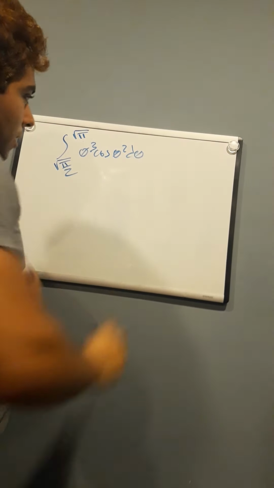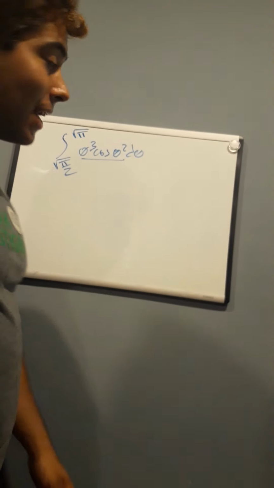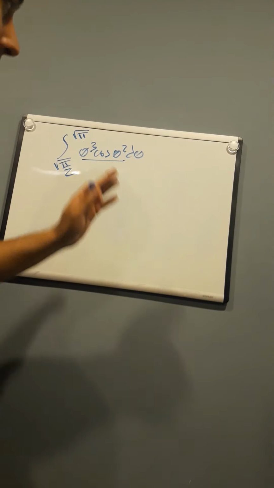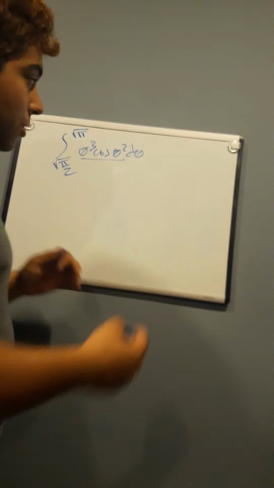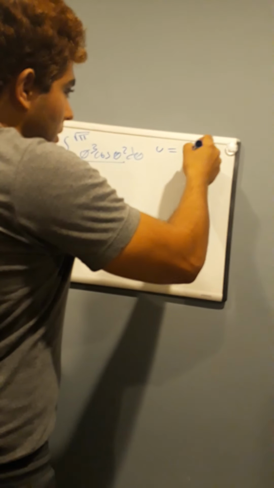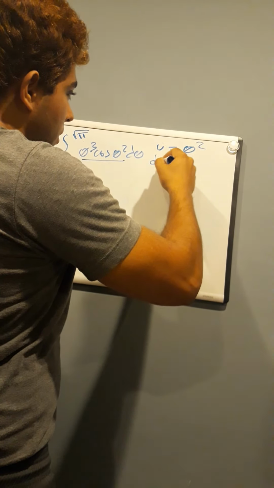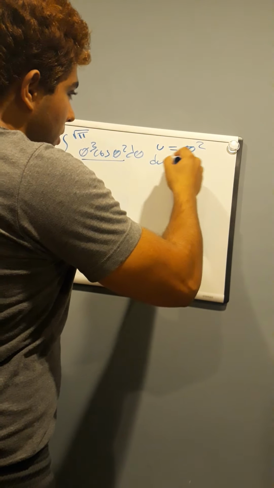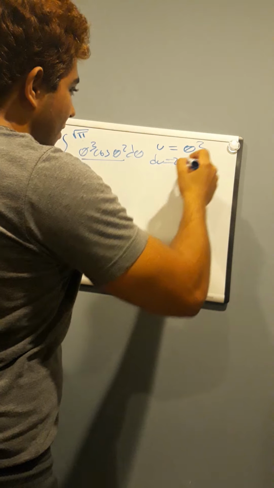I believe in it. So theta cubed cosine theta squared. Same idea. ILATE makes things super easy, but I don't want to have to worry about doing integration by parts a bunch of times. I see a potential to make this easy. What I do is u-substitution: u equals theta squared, du is equal to 2 theta d theta.